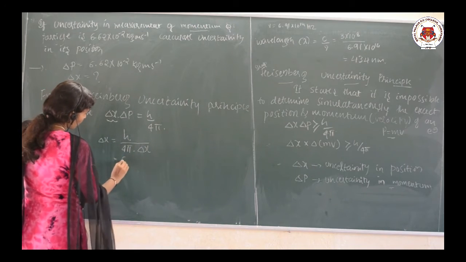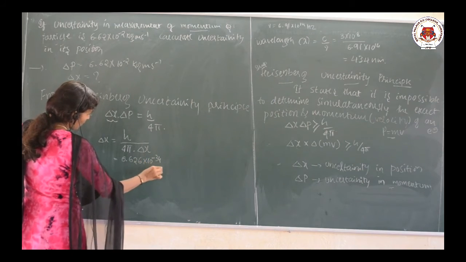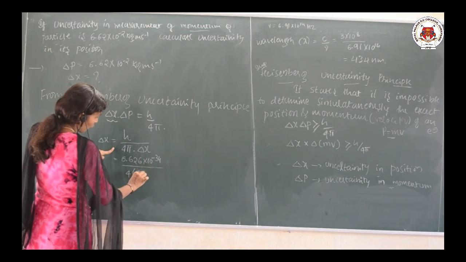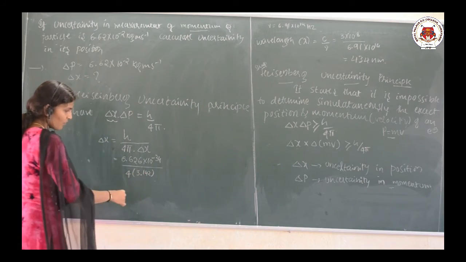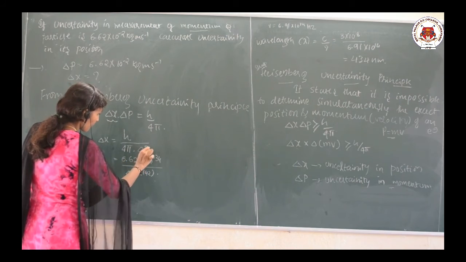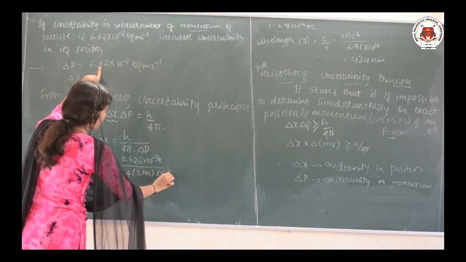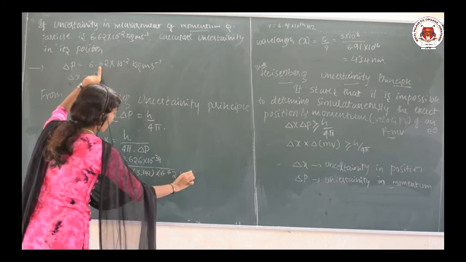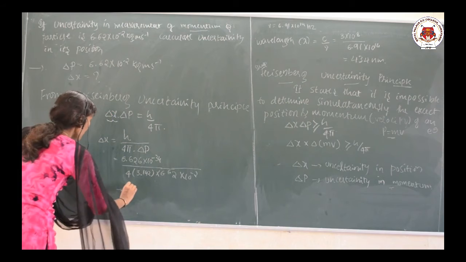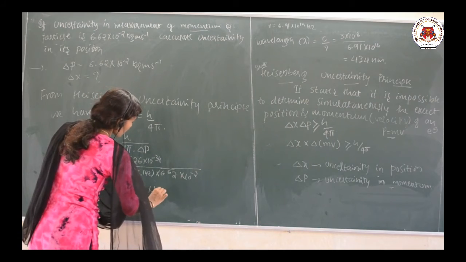We already know the value, 6.626 into 10 to the power minus 34 is the h value, and 4 and pi value is 3.142, that is 22 by 7, and sorry, this one must be delta p. And delta p they have given, that is 6.626 into 10 to the power minus 2. If you simplify this, it will be around 7.96 into 10 to the power minus 34 meter.